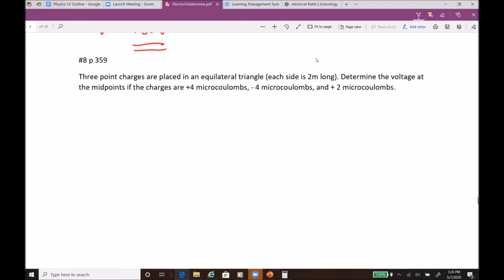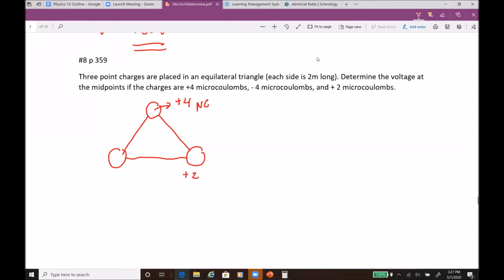So let's say I have 3 objects like this: 1, 2, and 3. And let's say that this object is, actually I want to make sure that the charge is in the right spot. So this one I'm going to draw, you see in the actual book. In the book, you have an equilateral triangle like this. And each side is 2 meters long. Now, this charge is plus 4 microcoulombs.